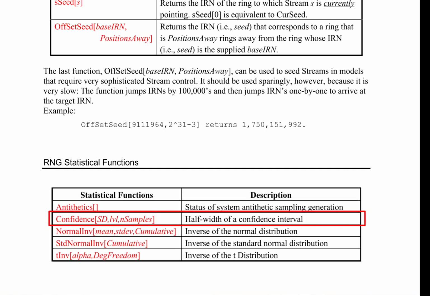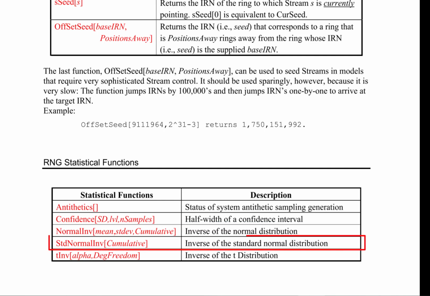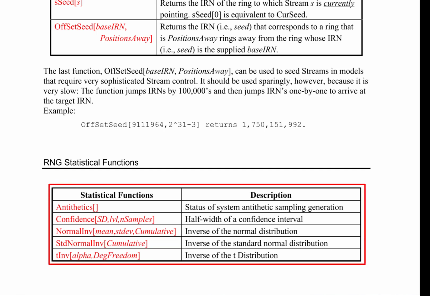This is followed by the confidence statement, which returns a half-width of a confidence interval, the normal inv function, which returns the inverse of the normal distribution, the std normal inv, which returns the inverse of the standard normal distribution, and the tinv function, which returns the inverse of the t distribution. Notice that these functions do not return random numbers, they are deterministic functions.